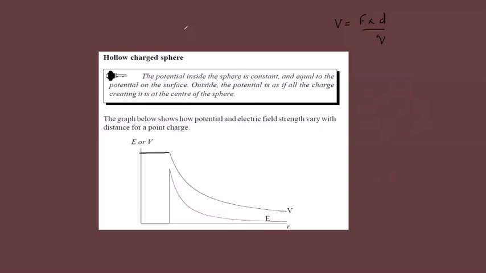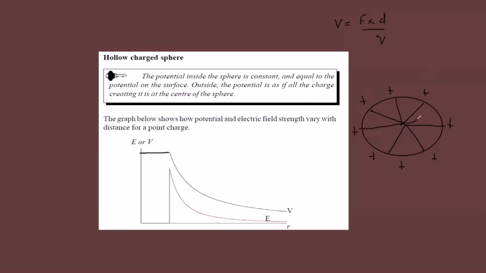So if we have a hollow sphere, because of the definition of electric field, it is work done on a unit charge. If we move a charge anywhere till the surface, there is a constant work done, the same work done or same energy, at any point.